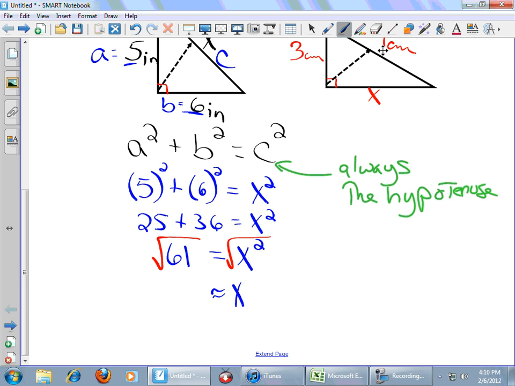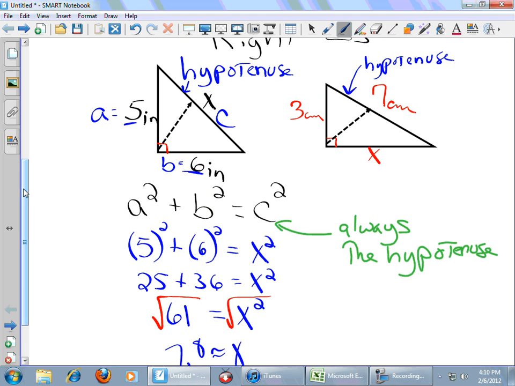I'm going to go to my handy dandy calculator and I will take the square root of 61. Oops. And when I do that, I get, rounded to the nearest tenth, 7.8. You should be able to estimate square roots like that if you know your perfect squares. So that means that C in this problem is 7.8 inches.